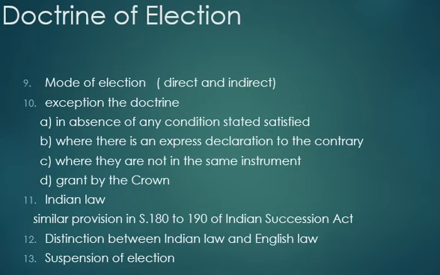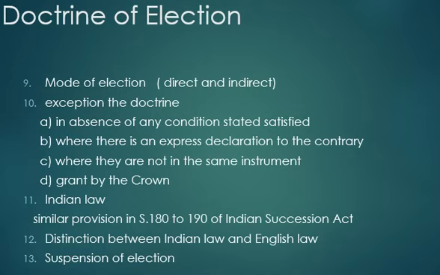Next point, Indian law. Regarding election, a similar provision you will find in sections 180 to 190 of the Indian Succession Act. Next point, we will discuss distinction between Indian law and English law. In English law, the doctrine is based on compensation.